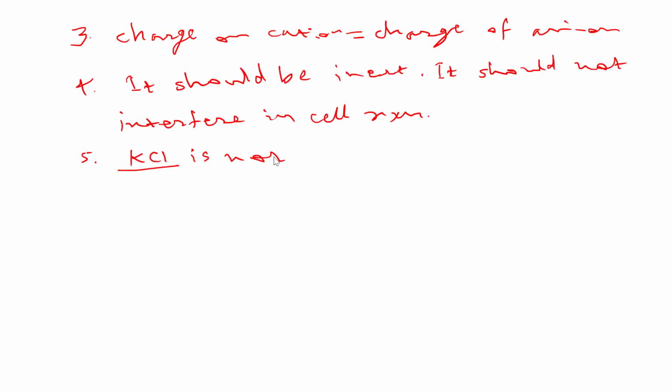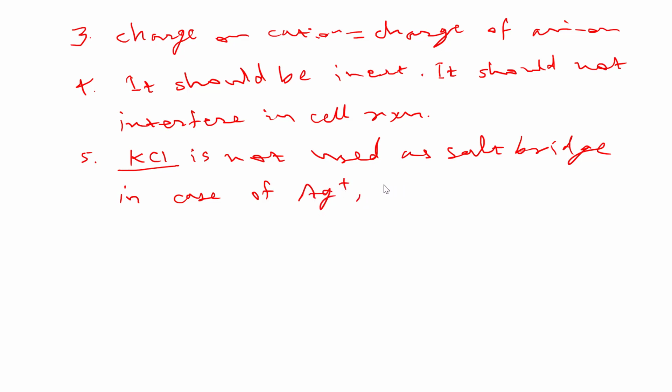KCl is not used as a salt bridge when the cell has Ag plus ion, mercurous ion, or Pb plus 2 ion present in the electrode or electrolyte.